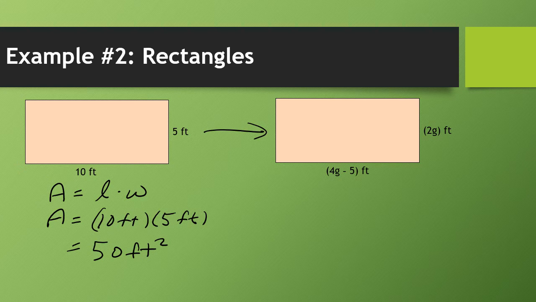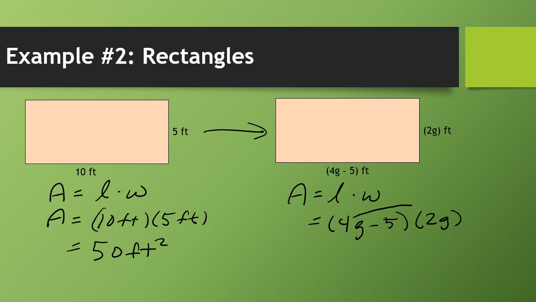So now when we look at the second problem here, we're going to take this same concept and transfer it to another rectangle. So again, my formula is length times width, or base times height. This time my length is 4g minus 5, and my width is 2g, or vice versa, however you want to think of it. So now I have a binomial times a monomial.